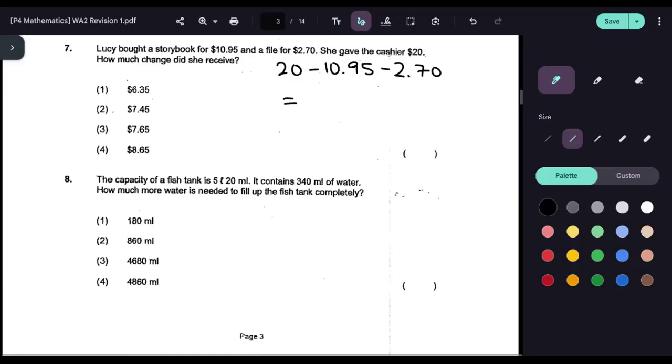Okay, can. So because of this, I can use my calculator since I'm not primary 4. So 20 minus 10.95 minus 2.70. Okay, once you do your calculation, you should get $6.35. So it's $6.35. Answer 1.